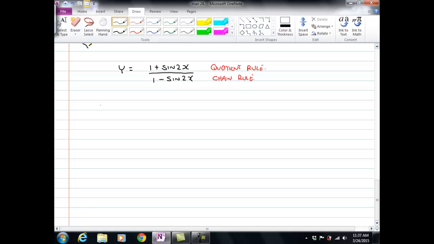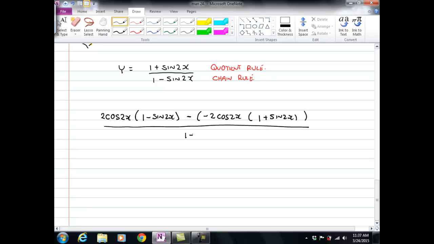According to the quotient rule, I'm going to take the derivative first, which really becomes 2 cos 2x times 1 minus sine 2x, minus derivative second, which is negative 2 cos 2x times 1 plus sine 2x, all over the second squared. If you have the first line correct, you're probably on the right track so far.